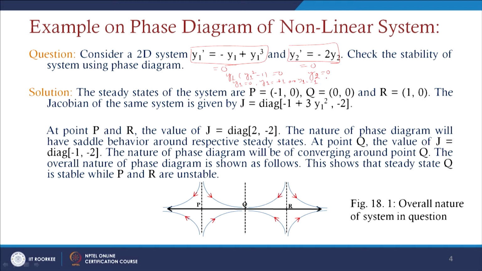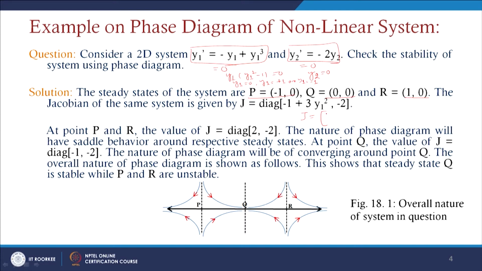Hence, the steady states of the system are: the first point is (-1, 0), the second is (0, 0), and the third is (1, 0). And if you go for the Jacobian of this system, the Jacobian we can write as a matrix of first differentiation with respect to y1.